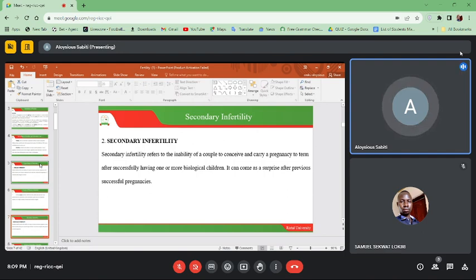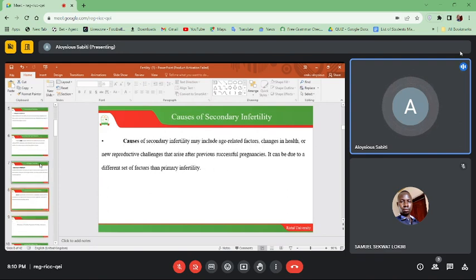So you could have conceived earlier on, maybe you have two or three children, but after successfully having those pregnancies, those live births, you fail to conceive and carry another pregnancy to term. So that we term as secondary infertility.